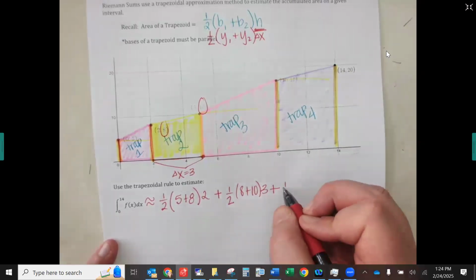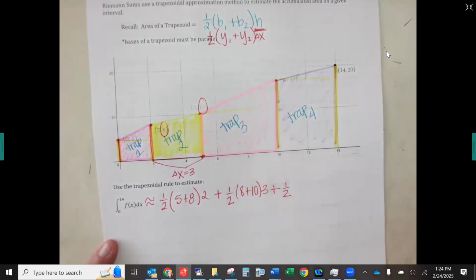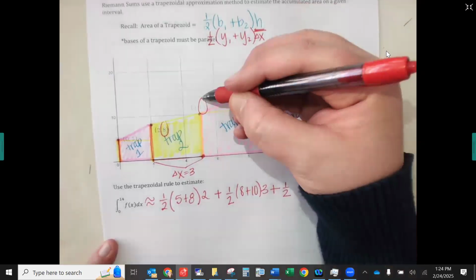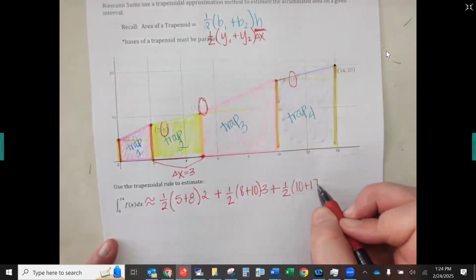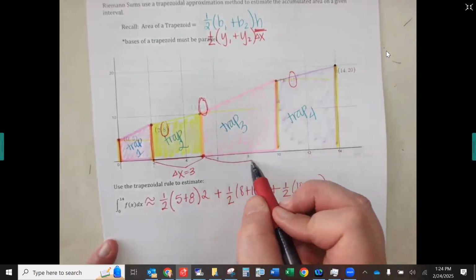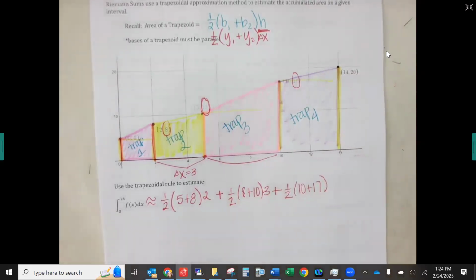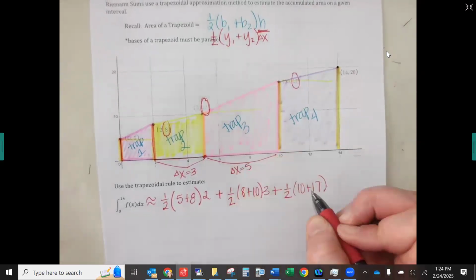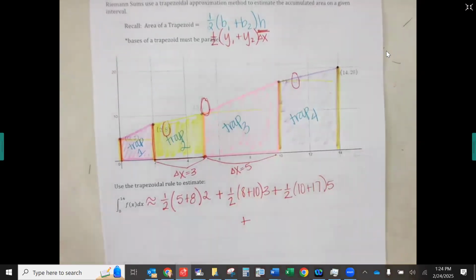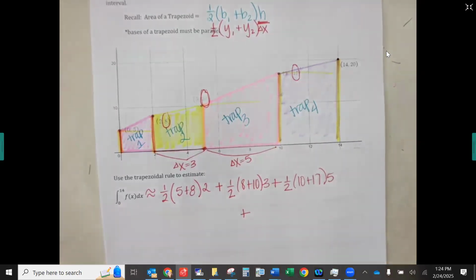Now we're on trapezoid number 3. I'm going to do 1/2, and add the two y's together. This one's a 10, this one's a 17. The width between them is from 5 all the way to 10. How wide is that? My delta x is 5. One more left. Last trapezoid, what are the y values?